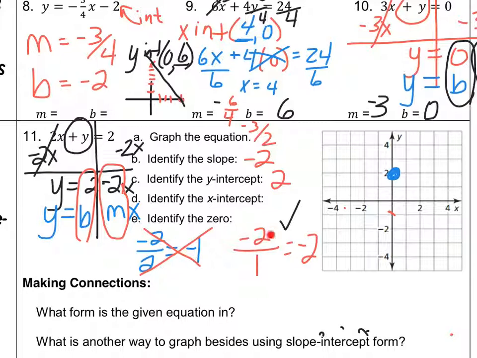We're getting that from our rise over our run. Okay, so we're going to go down from here. We're going to rise -2. So let's use red. We're going to rise -2. We're going to run 1. And we're going to put our dot. Okay, so now I have my 2 dots. I can draw my line.